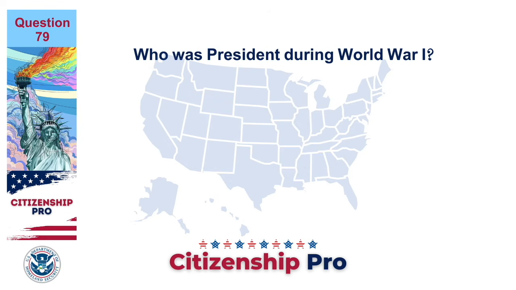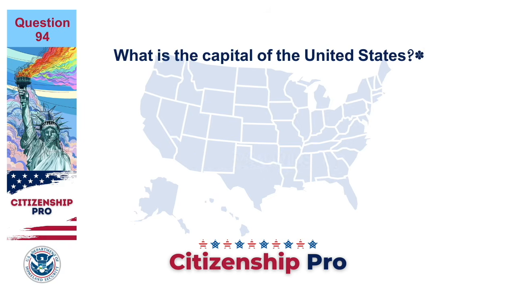Who was president during World War I? Woodrow Wilson. What is the capital of the United States? Washington, D.C.